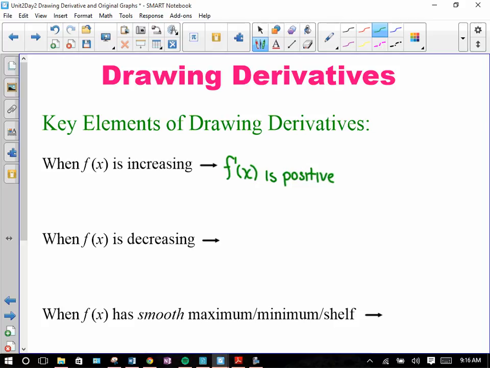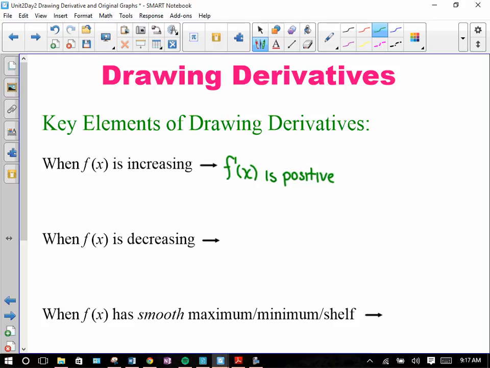So if your original function f of x is increasing on some interval, you know that over that interval the derivative is going to have positive y values. Okay? So it also goes backwards. If you know that the first derivative is positive, you know that the original function is increasing.